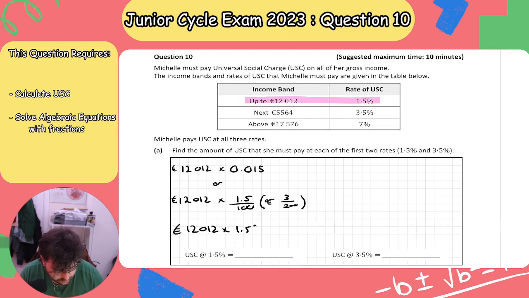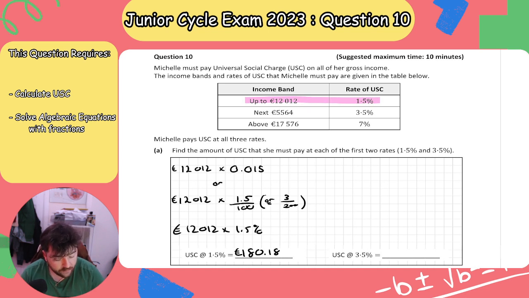Some calculators, Casio does it anyway, you can just put in the percentage and it'll do it for you. If you multiply 12,012 by 1.5%, you get €180.18. That's how much she paid for the first bit.